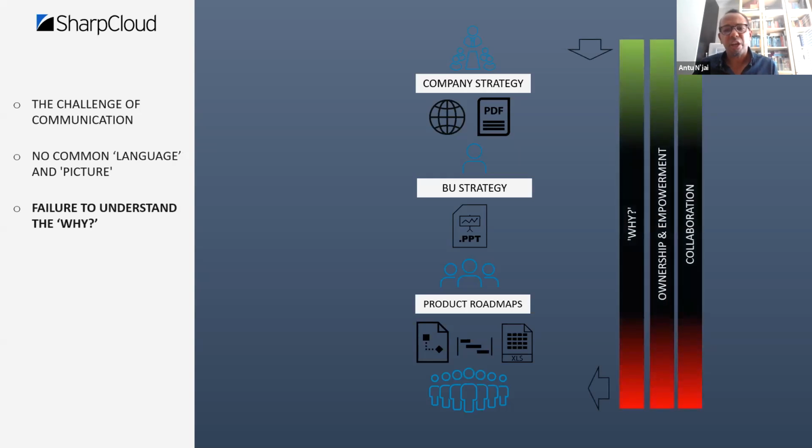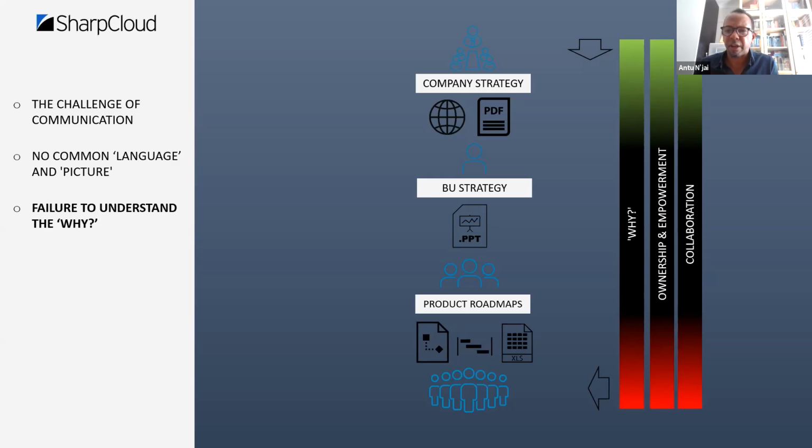So in general, what we have seen as a challenge that our customers are often wanting to tackle is that, without a joined up common language, there can be issues with understanding how things relate to strategy and what is the why that's coming through.